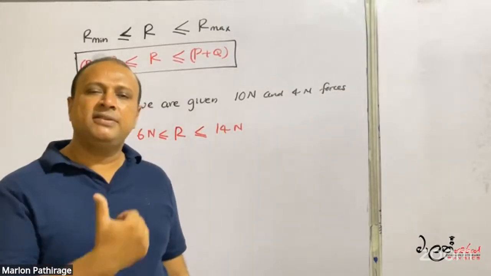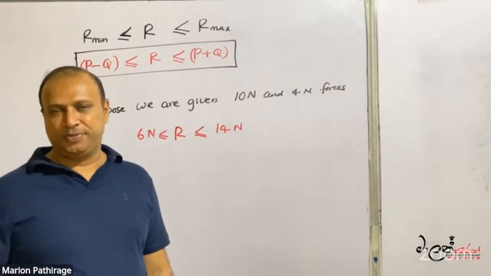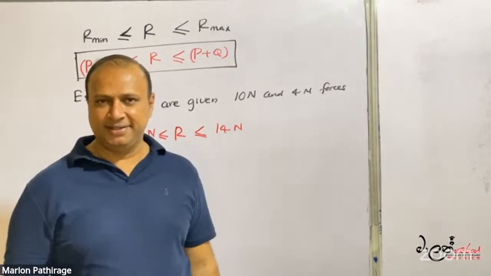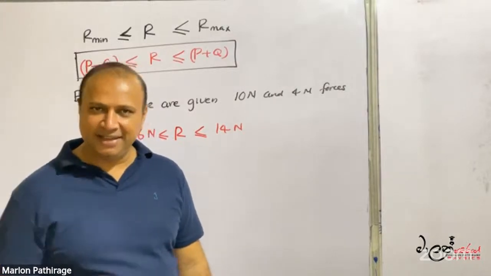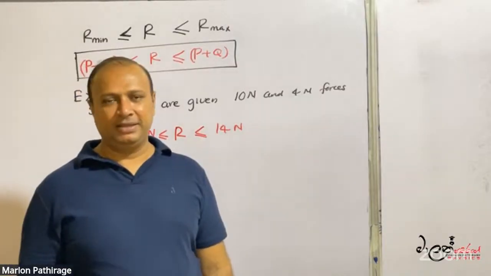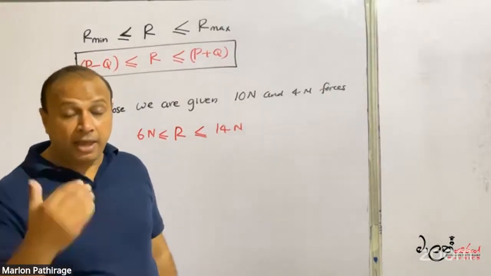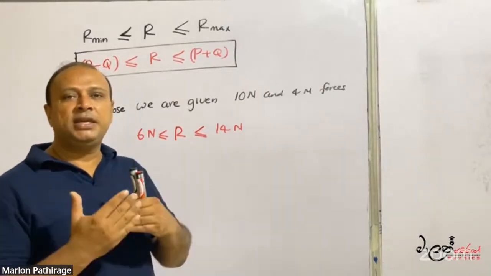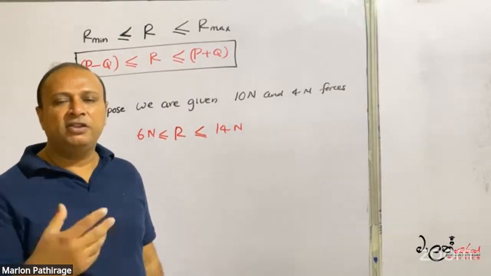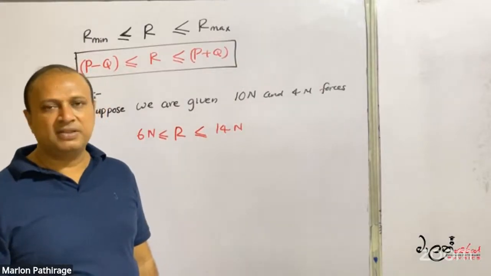Actually, this is a very famous theory part in A-level physics paper. Sometimes you may be given two forces. Suppose you are given 4 Newton and 10 Newton forces, and you are also given some set of values for resultant forces.